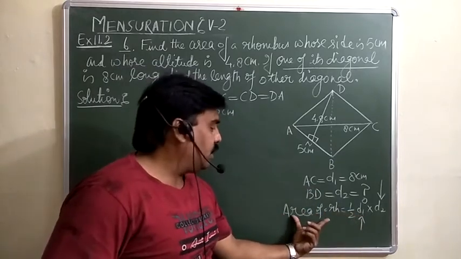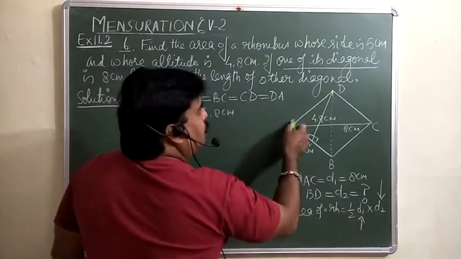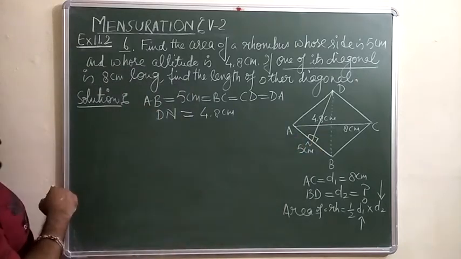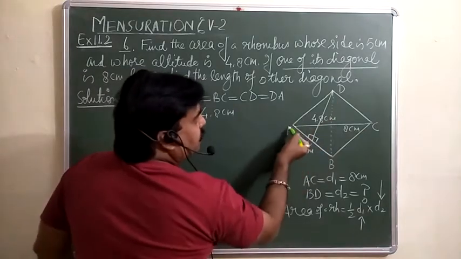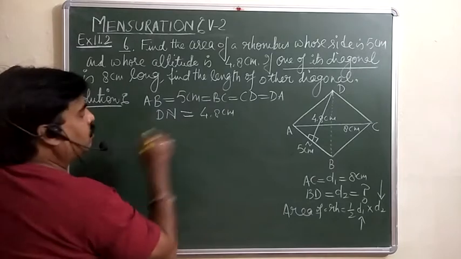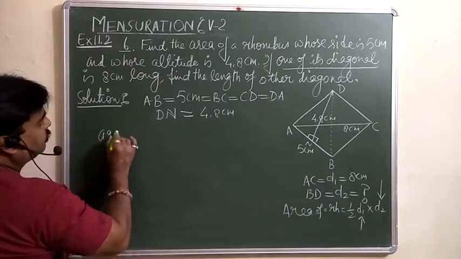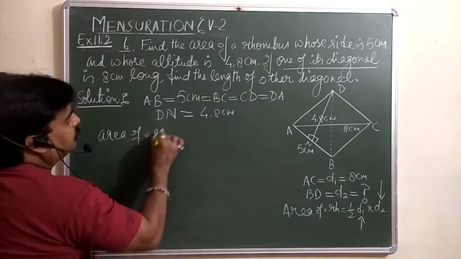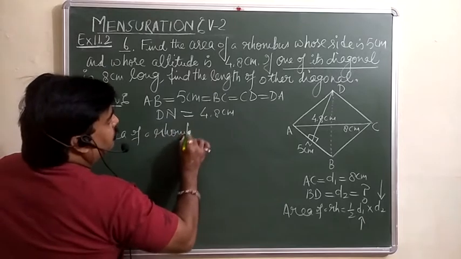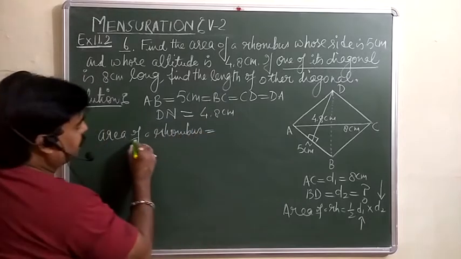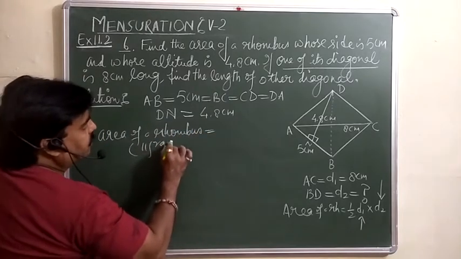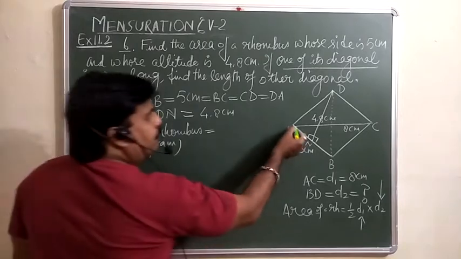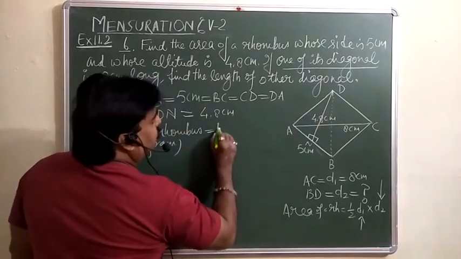So you are supposed to calculate the area of the rhombus, because every rhombus is a parallelogram. ABCD is a rhombus, so it is also a parallelogram. So area of a rhombus, a special parallelogram, is equal to base into altitude.